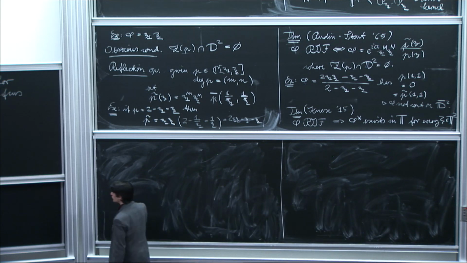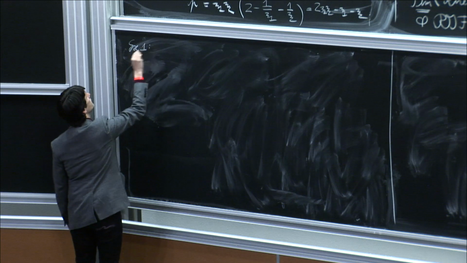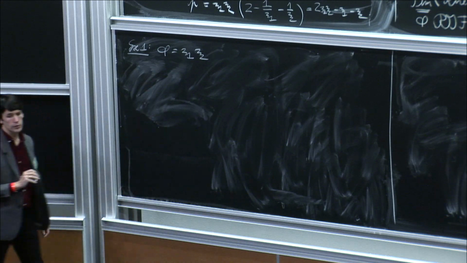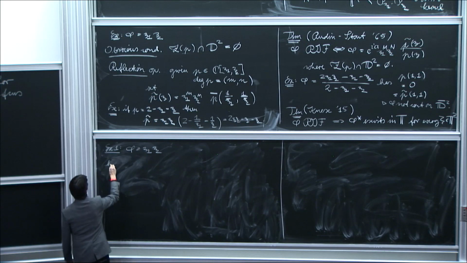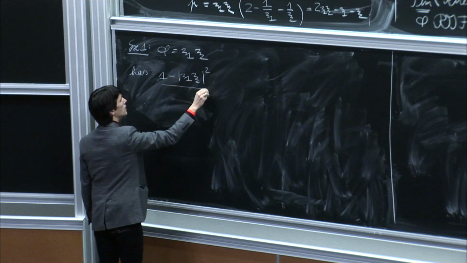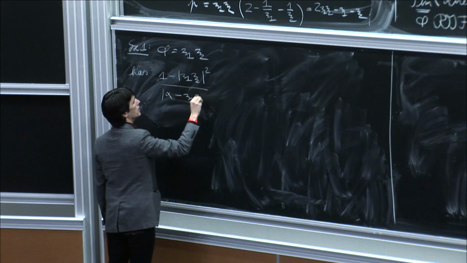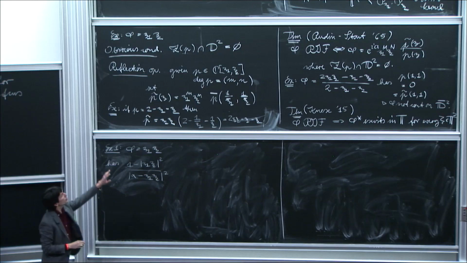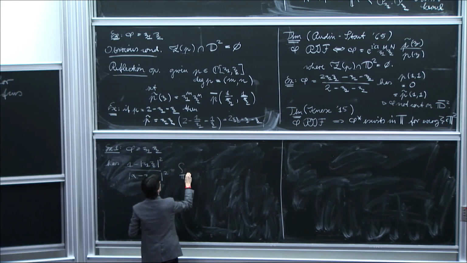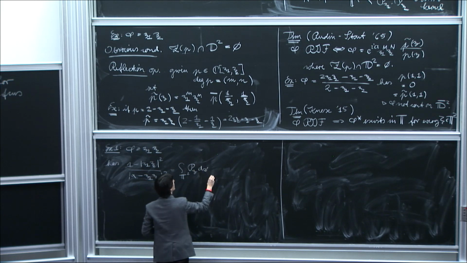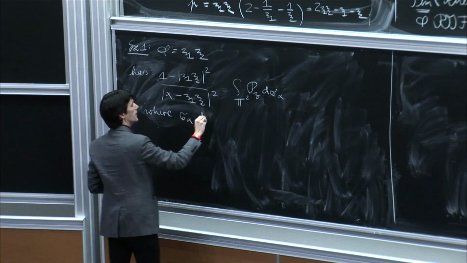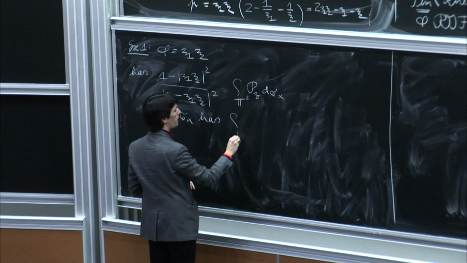So the simplest such case is this one. If we look at our product function z1, z2, then this is just on the left-hand side, and the Clark measure definition is just going to be this. And so you can check that this is the Poisson integral of a measure that does the following.